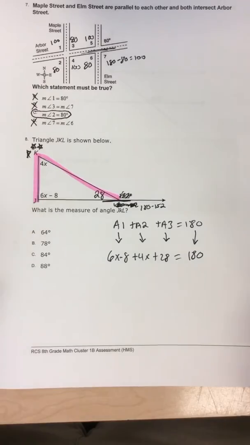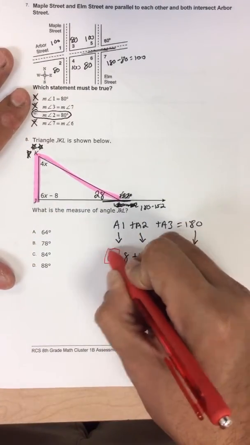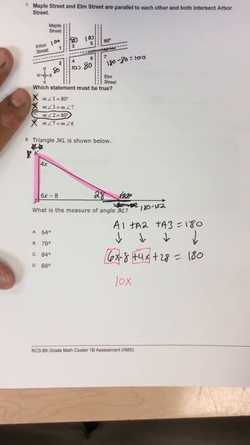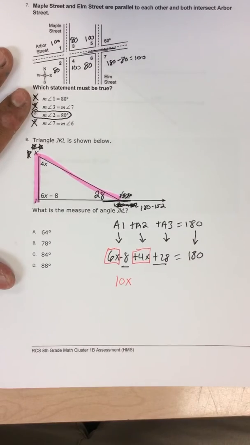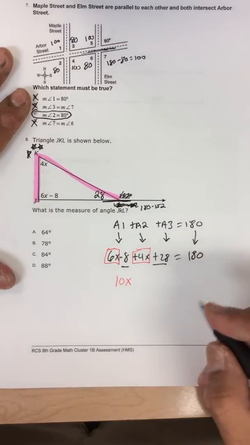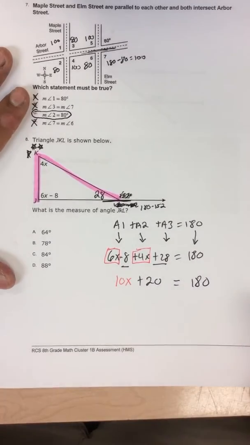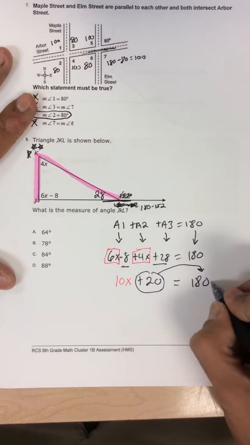Now I'm going to combine my like terms. If you notice, I have 2 numbers with x's, 6x plus 4x. That will give me 10x. And then I have negative 8 plus 28, and that should give me 20. Then bring down your equals 180. Now it's a 2-step equation. Undo your constant. That's the number without the x.